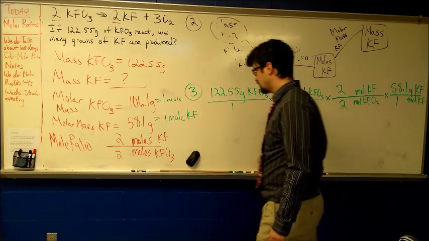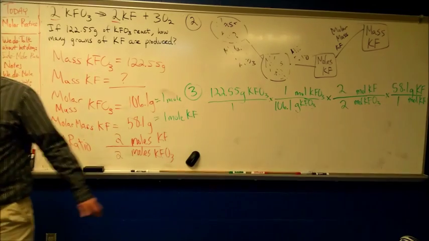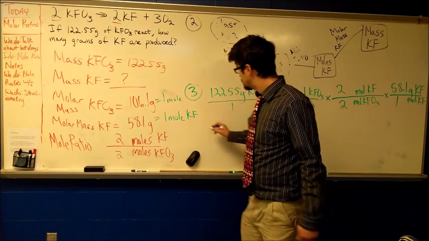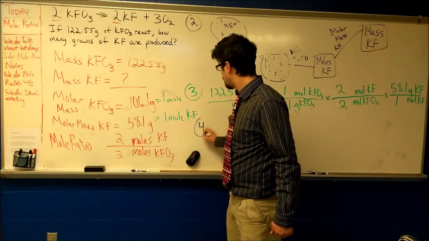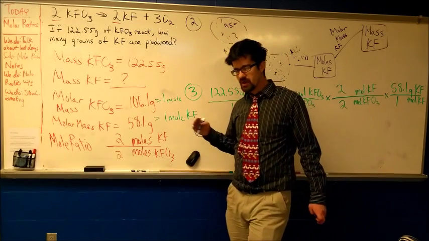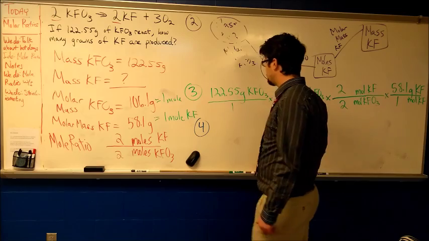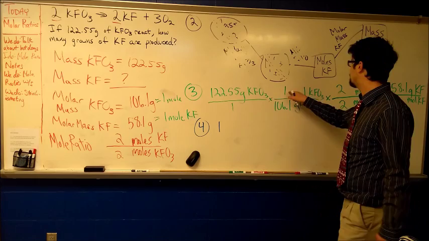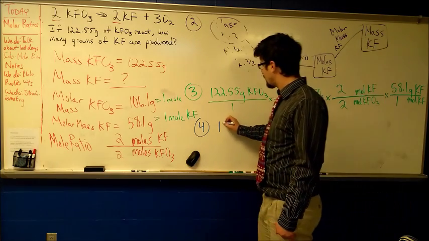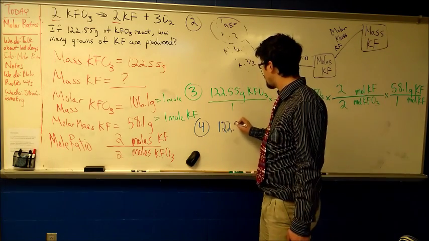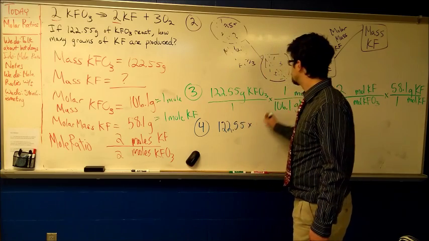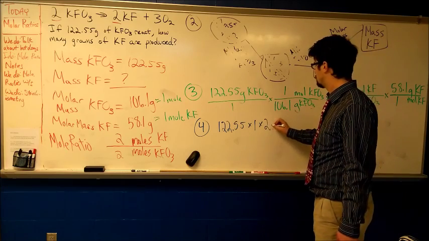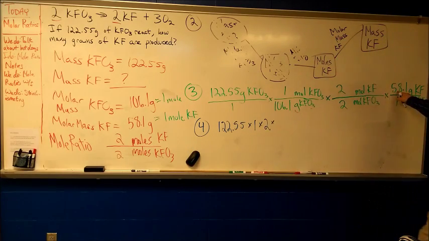Boom, blue marker. Okay, so step 4 on your paper says to multiply across the top and the bottom. So I'm going to write down all my numbers that are on top. So I've got 122.55 times 1 times 2 times 58.1.